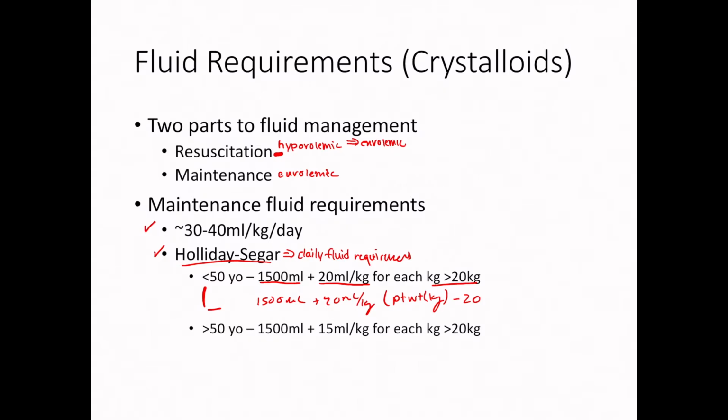Versus if they're over 50 years old, you'll do 1,500 milliliters plus 15 milliliters per kilogram. Notice how this is a lower value because you have the increased risk for pulmonary edema or overall edema, times the patient's weight in kilograms minus 20, because it's every kilogram over 20 kilograms. This gives you the daily fluid requirements. If you need the hourly fluid requirements, which is what most of our pumps are calculated to, then you just have to divide it by 24 hours.